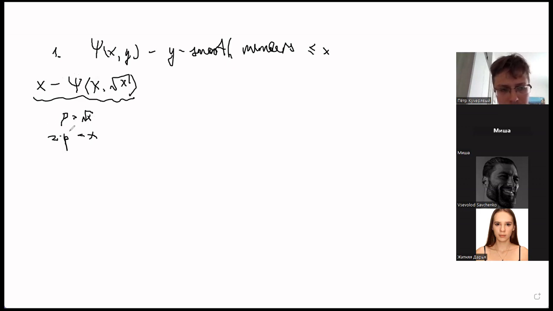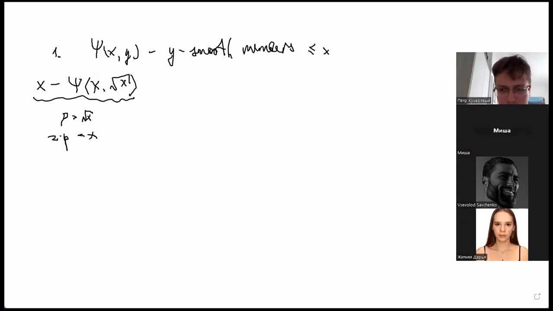Yes, and the main idea is that there can be two such primes. No more than two? No more than one. Because if we have two distinct prime factors which are bigger than square root of x, then their product is bigger than x, and our number is less than or equal to x.